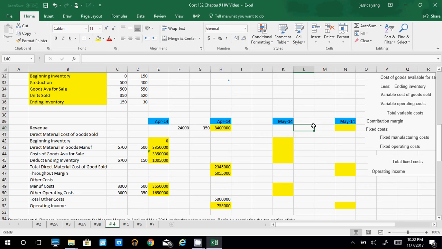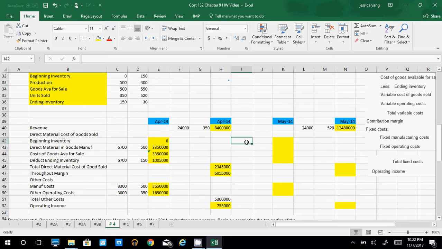For May, we would take the 24,000 selling price and multiply it by our 520 units sold, which will give us an answer of 12,480,000 in revenues for May.